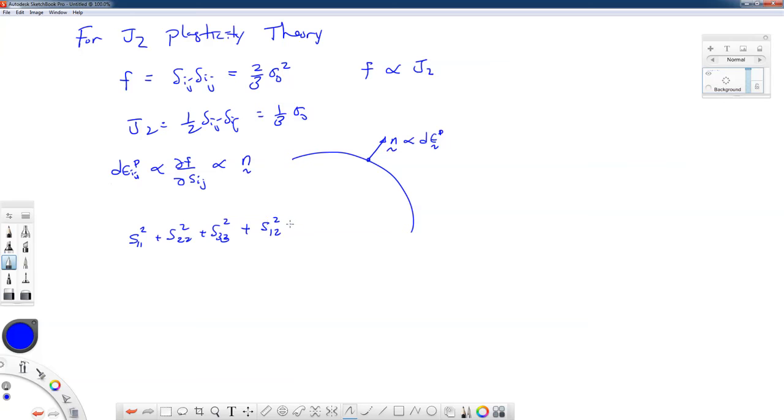I want to make a distinguishing feature here between the different stress components, S12 and S21. And I'll show you why in just a moment. If we define f that way, if we take the gradient of this, the partial derivative of f with respect to Sij is going to be equal to, well, 2 Sij.